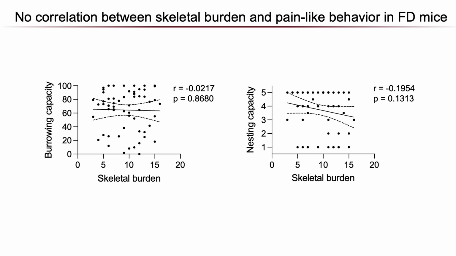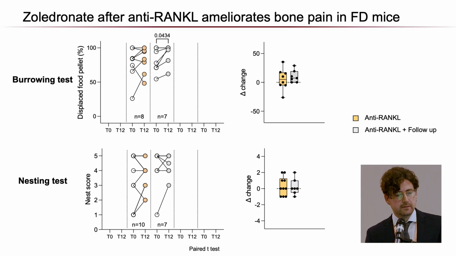And then finally, I'm showing you the response of the behavioral signs of pain to the treatments that I showed you before. And when we treated the mice with the anti-RANK ligand, although this is a very preliminary study and we need to add mice to this study, we could see an improvement in the behavioral signs of pain.